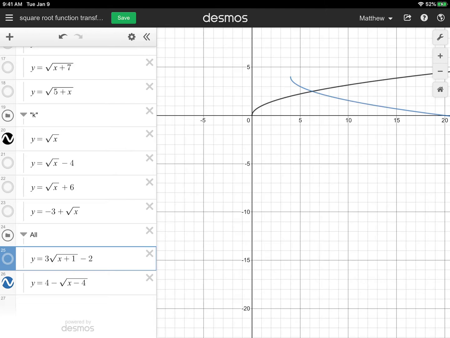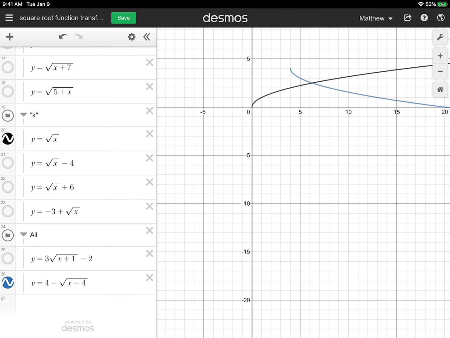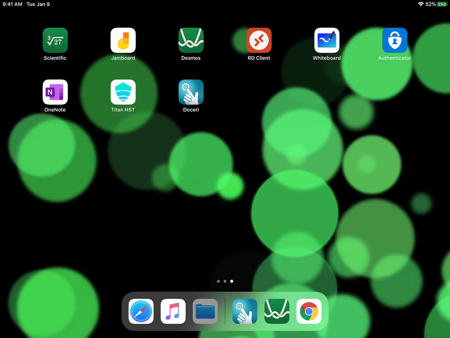Then we went up 4 units, but this negative belongs to my a, so it actually reflected, because I could rewrite this as negative square root of x minus 4 plus 4. Again, this link is in the module, so if you want to look at it, feel free. Okay? Last thing that we're going to talk about.